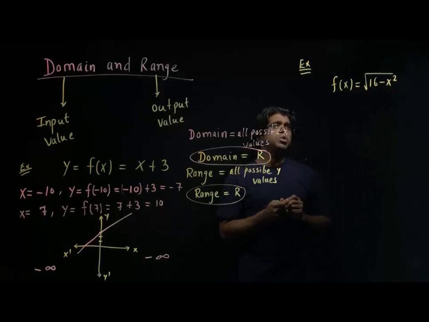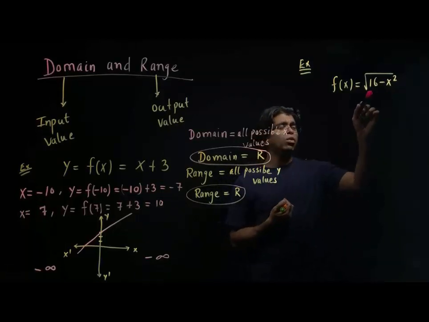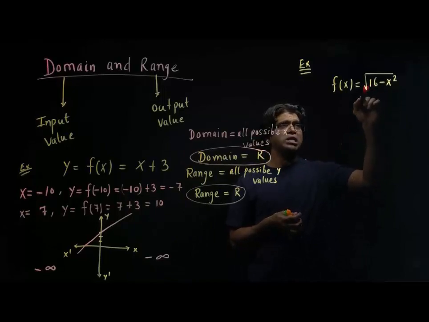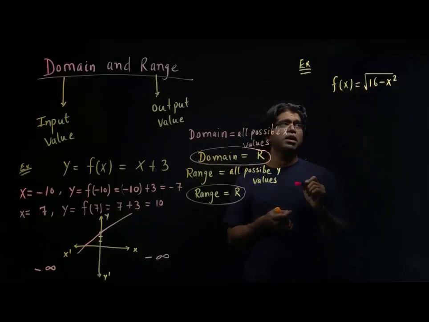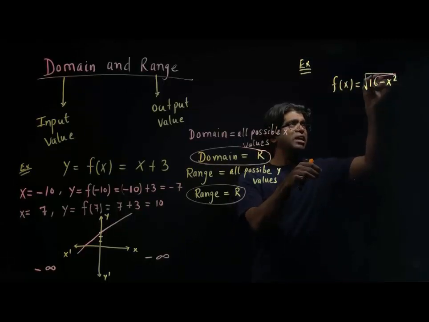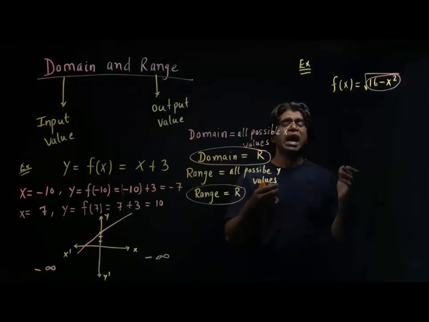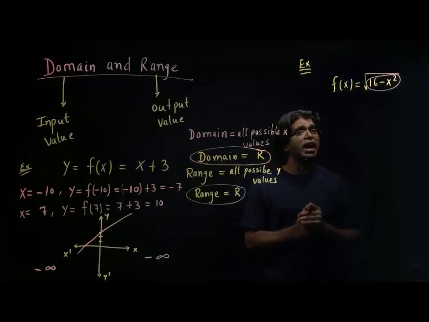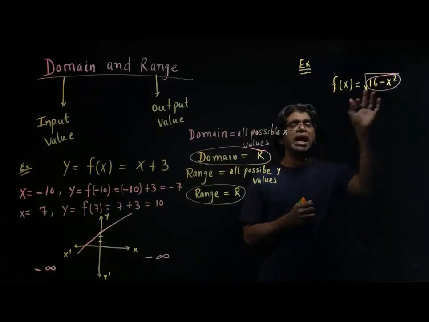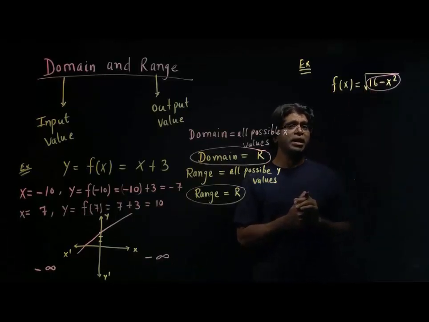Now, you need to understand that we can only substitute the values of x that give me a non-negative value inside the square root. Because if the value inside the square root is negative, then I cannot find any real value for the square root of a negative number. So that is not possible, right?